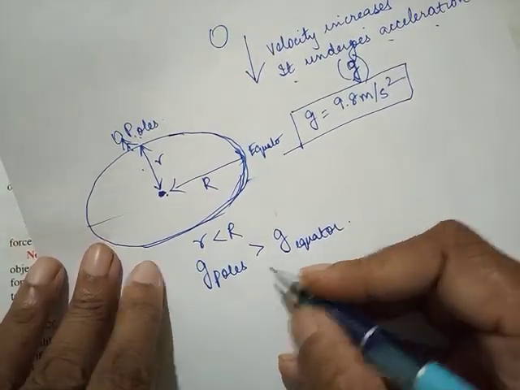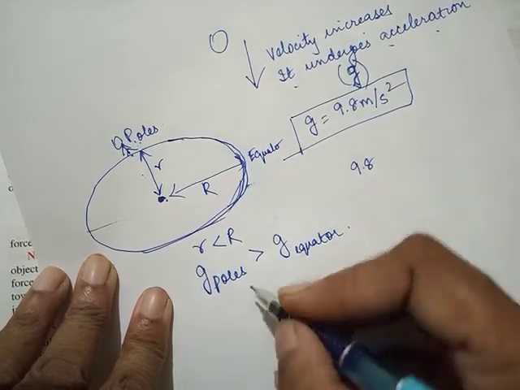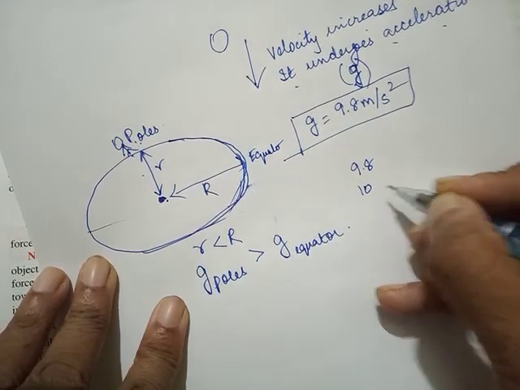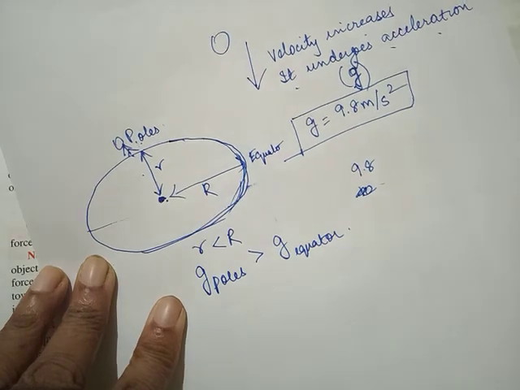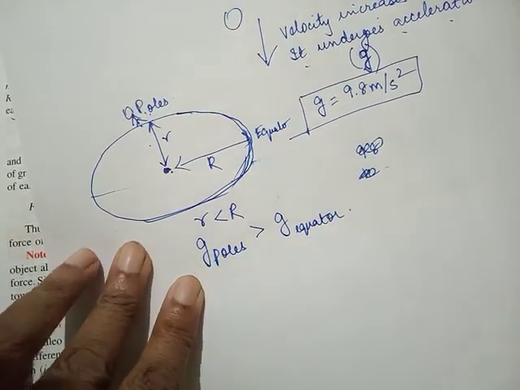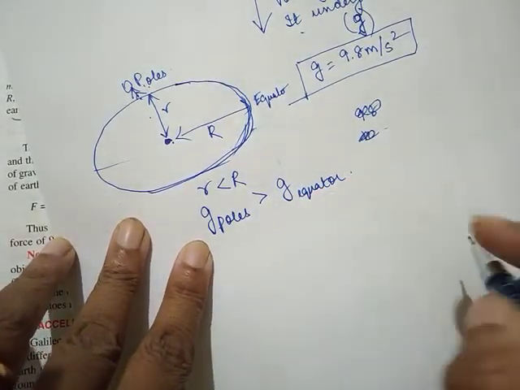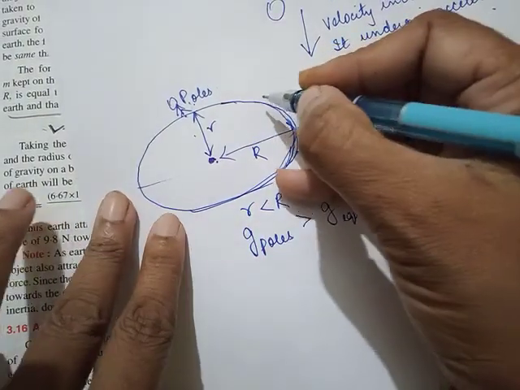Okay, so this change is not so much. In 9.8, at poles it might be 10 or 10.1 or 10.2. The change is not so much, but definitely it will be slightly more than at the equator. Another thing you should know is the value of g.